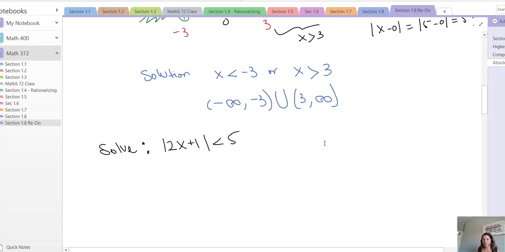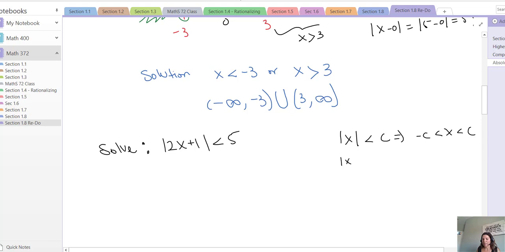So based on what we did above, some of the things that we can say is that if I have something like the absolute value of x is less than c, what this means is that x is less than c but greater than or equal to -c. Let me rewrite that better. This means -c less than x less than c.